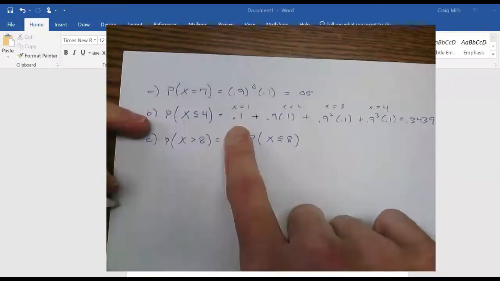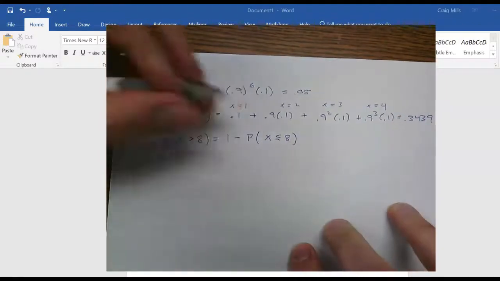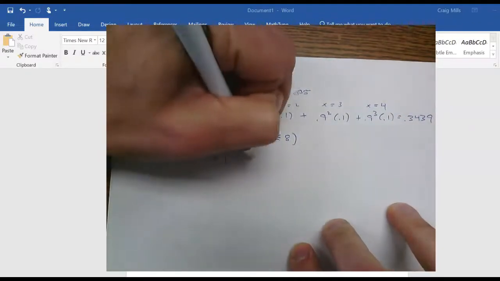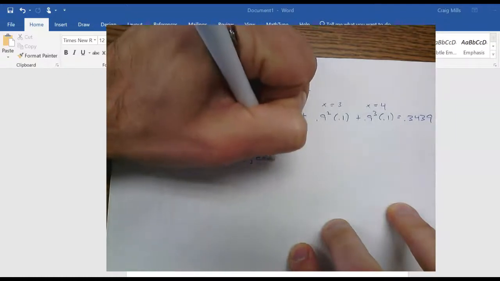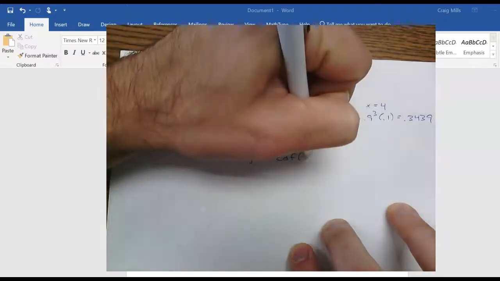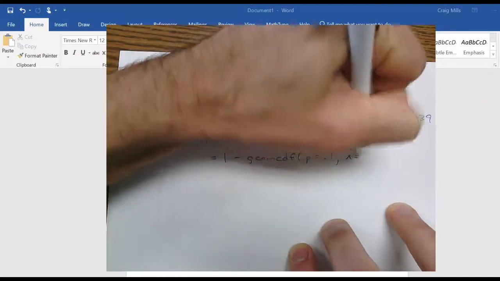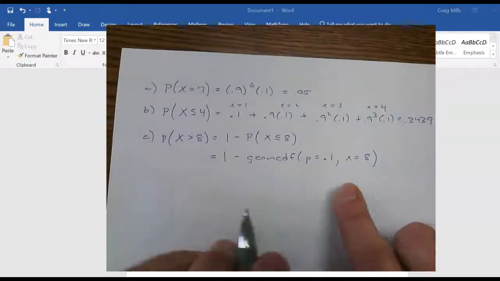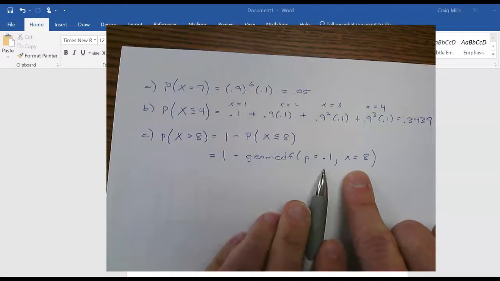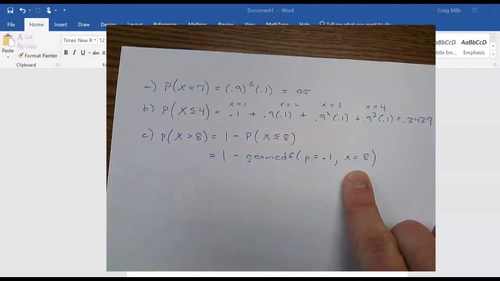So it's going to be the same idea as part B. I'm not going to write that all out. What I'm going to do is write down 1 minus geometric CDF, p equals 0.1, and x equals 8. That's going to sum up the probability that the first success happens on the first or the second or the third or the fourth or the fifth or the sixth or the seventh or the 8th trial.